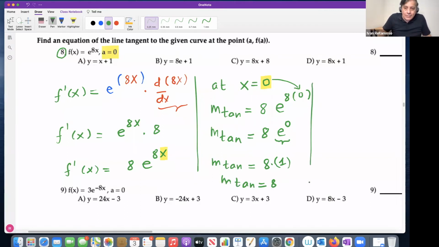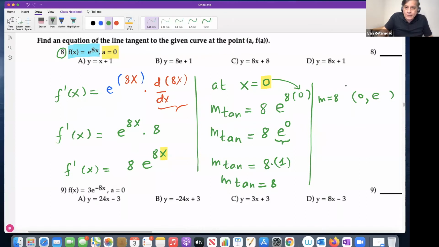Now, with that slope, with the slope 8, and with a point, 0 is the x coordinate, right? Professor, they didn't give me the y coordinate. Not a problem, guys, because the y coordinate can be found using this function, right? With input 0, the output should be e raised to 8 times 0, right?